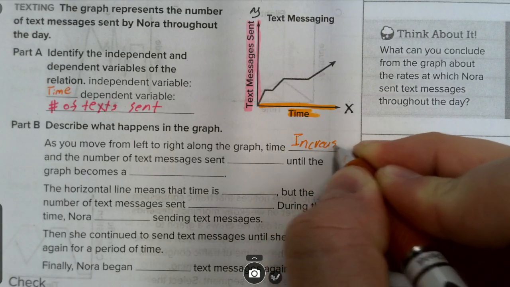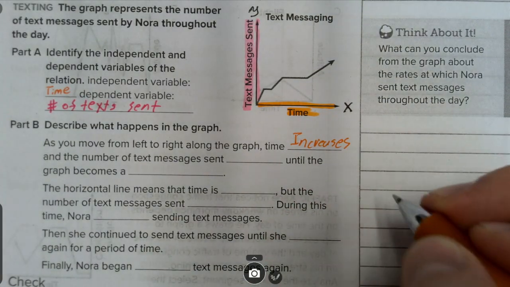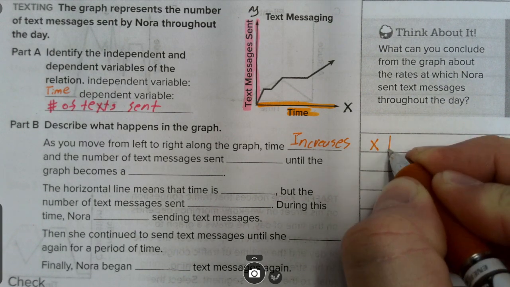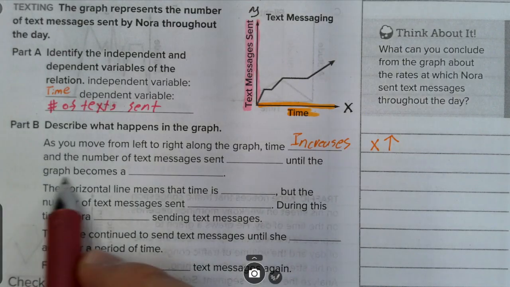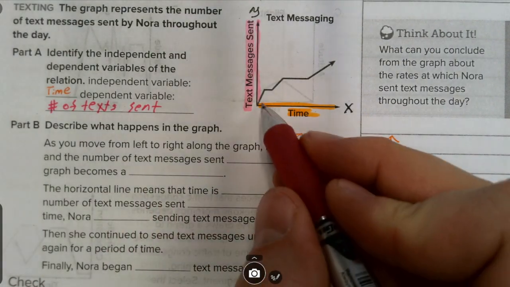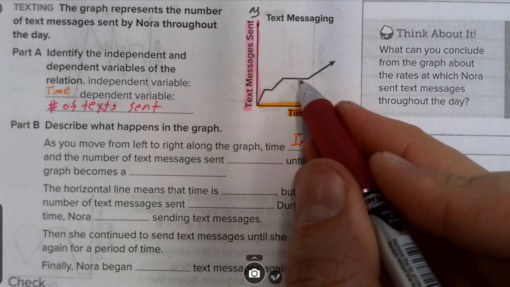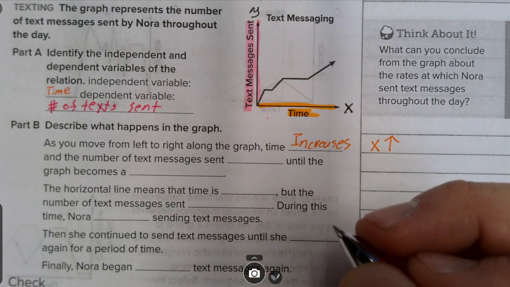So x is going up. And the number of text messages sent. We start at zero, whatever this number is, then we sent another, then we sent some more. So text messages increases.